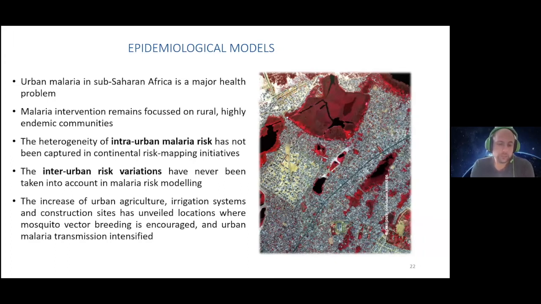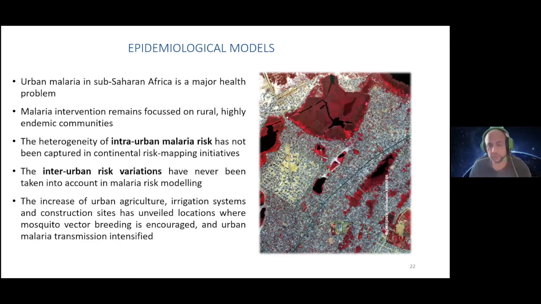Until a few decades ago, malaria was predominantly a rural issue. It wasn't such a big thing in the cities, but now with this massive urbanization, and even further urbanization that is projected in the future, malaria has a very strong urban aspect.